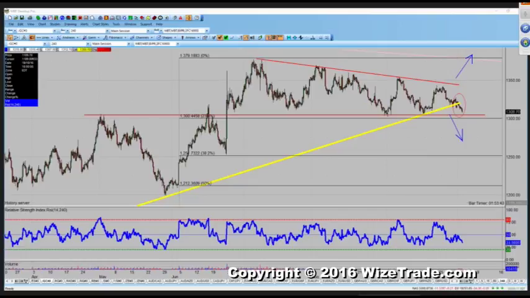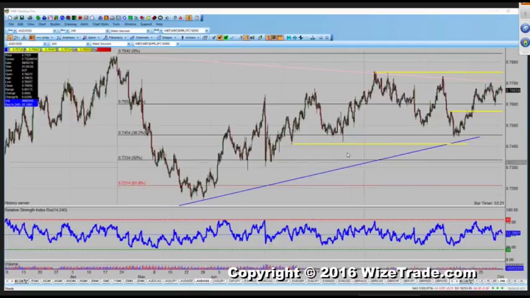Lacker's comments, just a strong case for a Fed funds rate hike. It says preemptive rate hike critical for stable inflation. Okay, sorry. Let's go back over the Aussie.